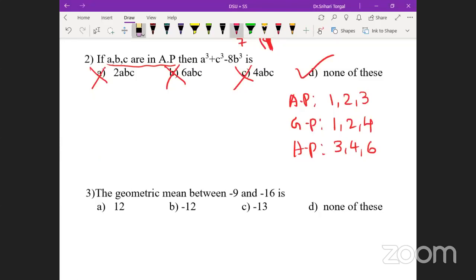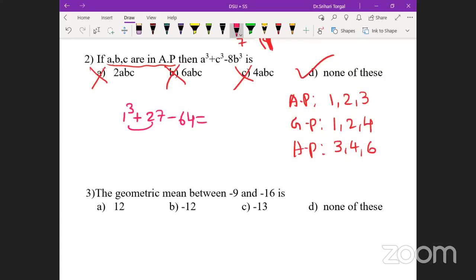When they give it as AP, just substitute 1, 2, 3. 1 cube, 3 cube. What is that? 3 cube, 27. B value 2, 2 cube is 8, 8 is 64. What is the answer? 28. 28 minus 64.